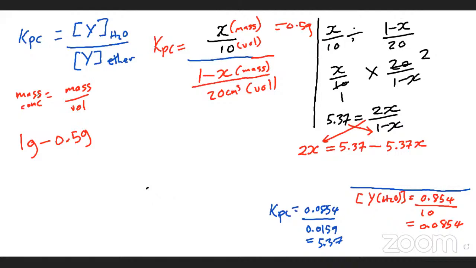Once we reach here, we're basically almost finished. We're going to bring over the 5.37x to this side. It was minus, and when you carry it over the equal sign, we're going to add it. So it would be 2x plus 5.37x is equal to 5.37.